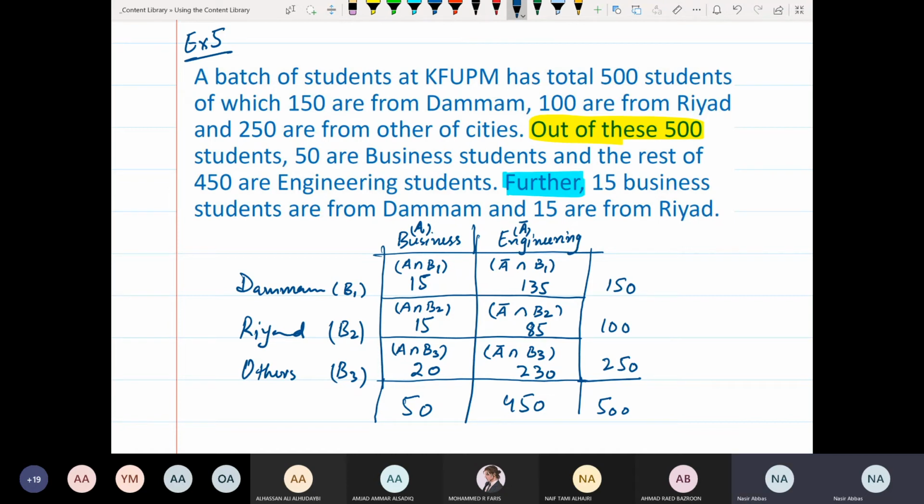If I do not give you this information, the green one, if the question stops at the MAM and the green part is not given, can you still fill the table and solve the question?